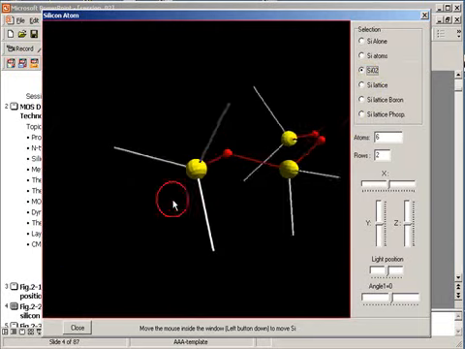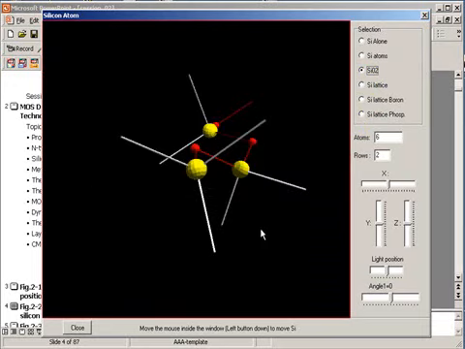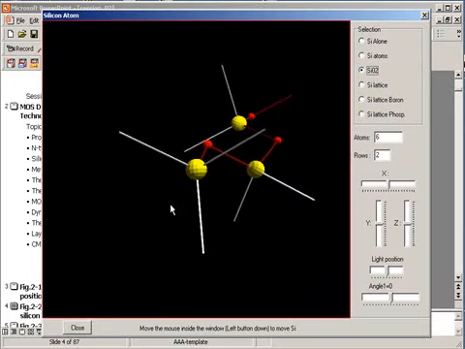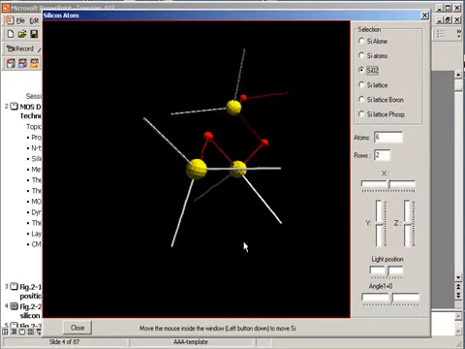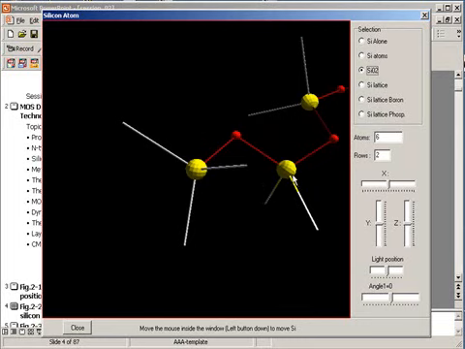It is somewhat like this, where the silicon atoms link through the oxygen, which is shown here in red, to the neighboring atoms.